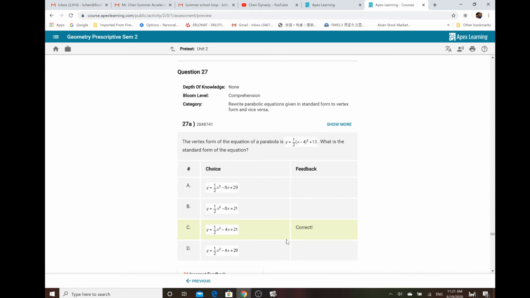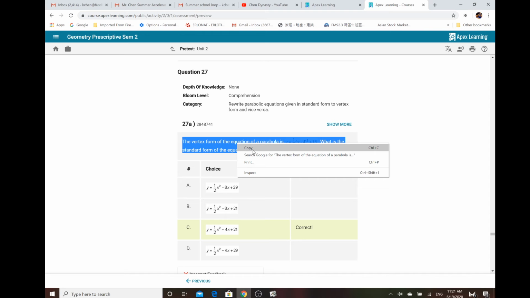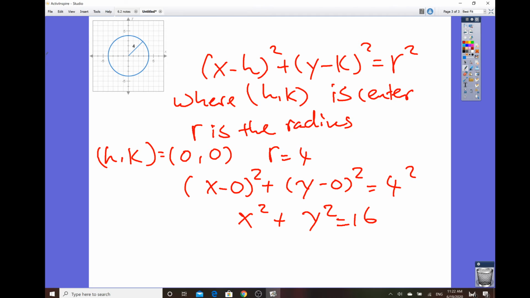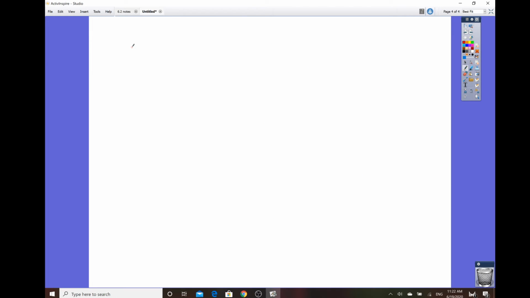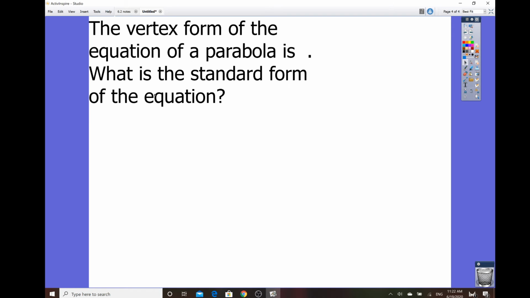Okay, now the next one I would like to talk about is the way to set up the equation of a parabola. Number 27, let me just highlight this one. Once again, I'm going to copy and paste so I can do it on the other slide here. For this one, you need to apply some kind of algebraic approach.